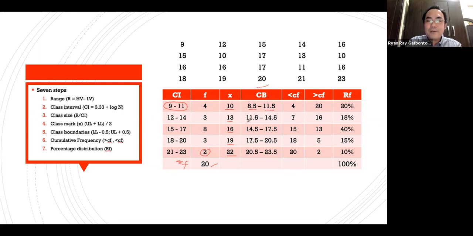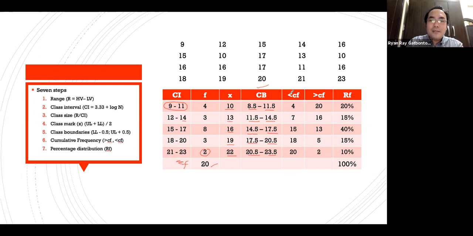Same, you will do it for the rest of the intervals. So for this one, 12 minus 0.5, you get 11.5, and 14.5 for the other one, because you added 0.5 on the upper limit. So on and so forth.